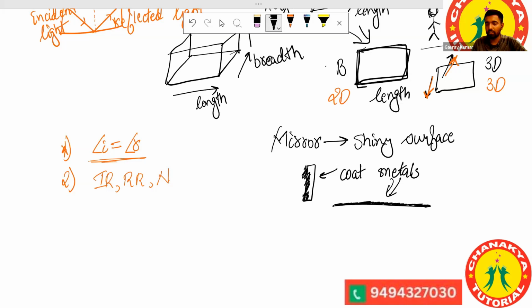That's why you can see that the surface of a mirror is shiny, because we have used some metals to coat that surface. Coating is covering that surface with the help of metal. So you understood what a mirror is and how it works.